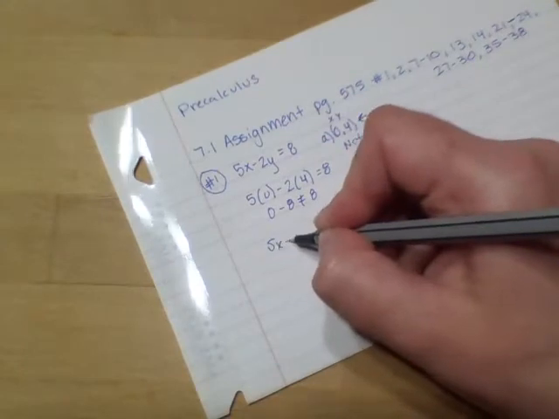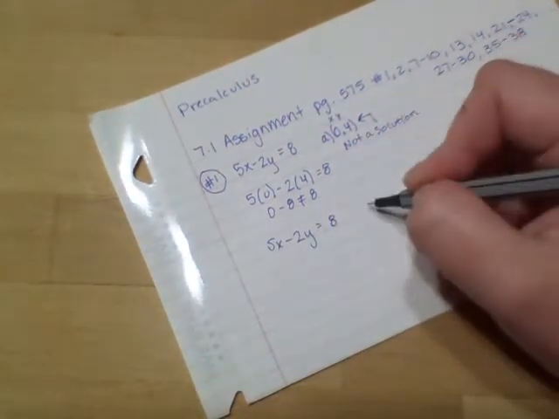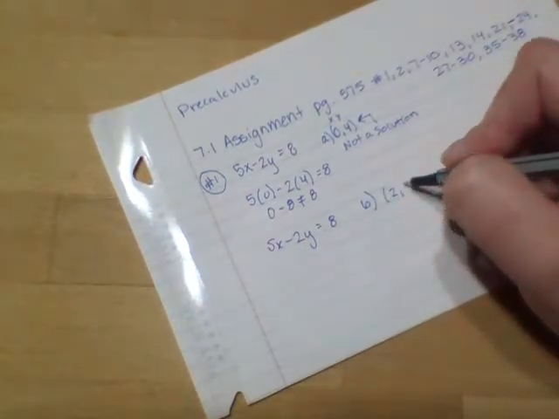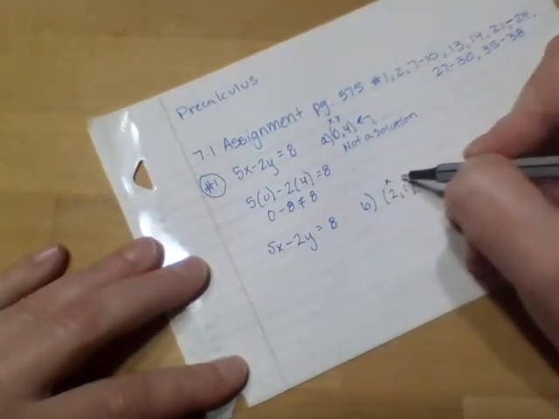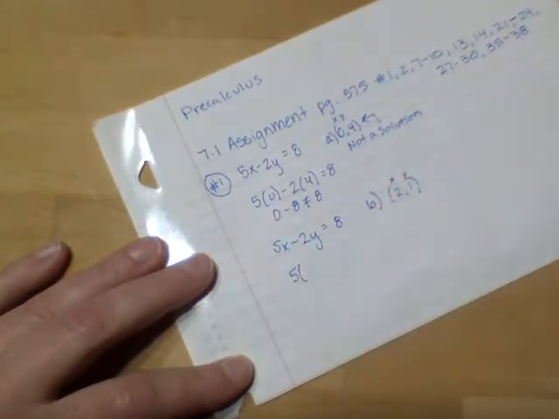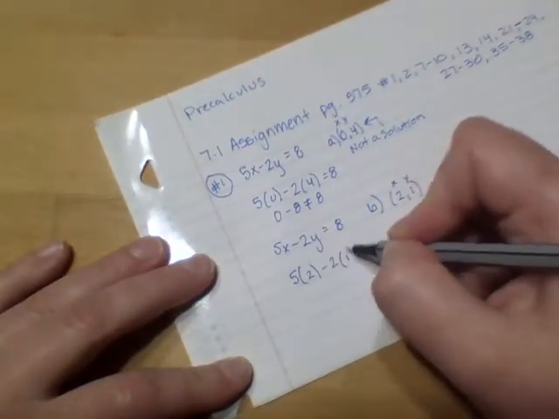So we want 5x minus 2y again and see if it equals 8. But now in part B, they want you to plug in 2 and 1. So we're going to plug in a 2 for the x, a 1 for the y, and get 5 times 2 minus 2 times 1.